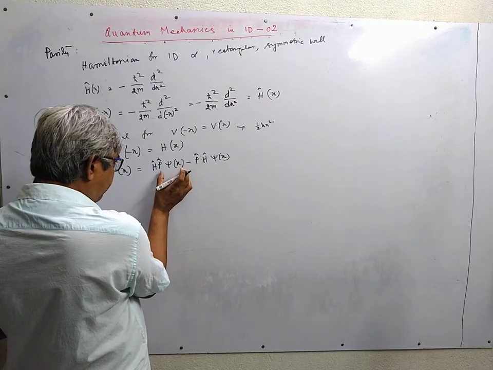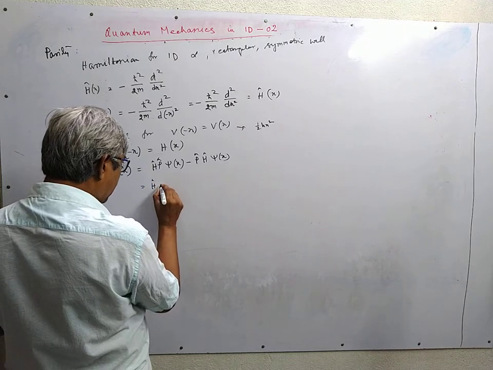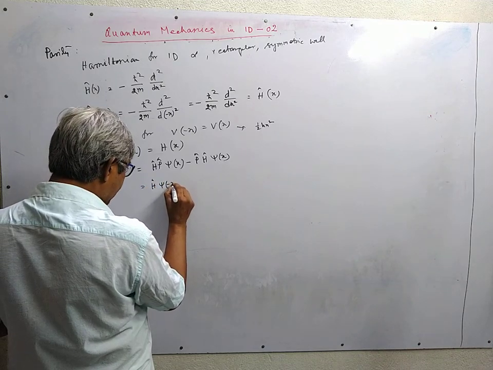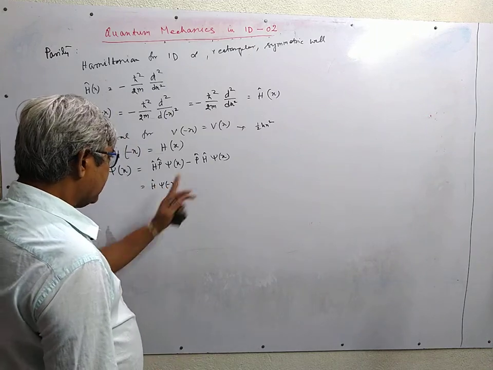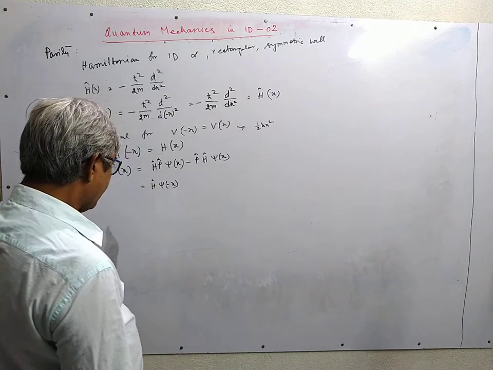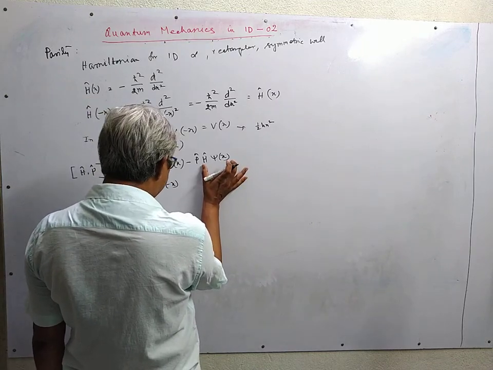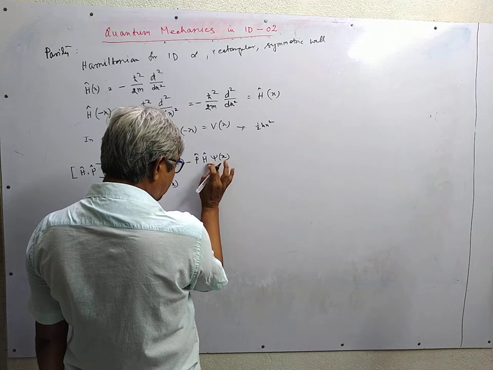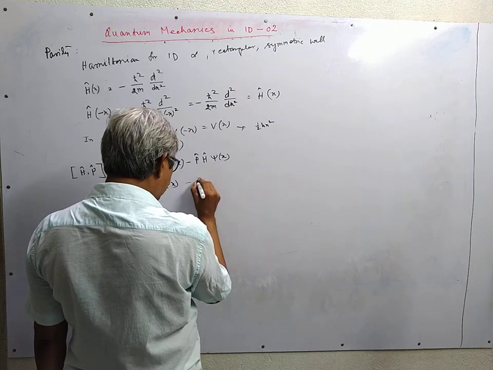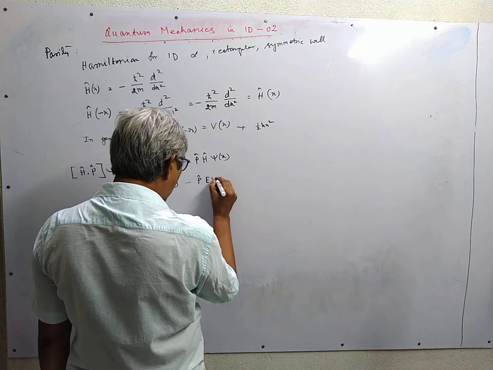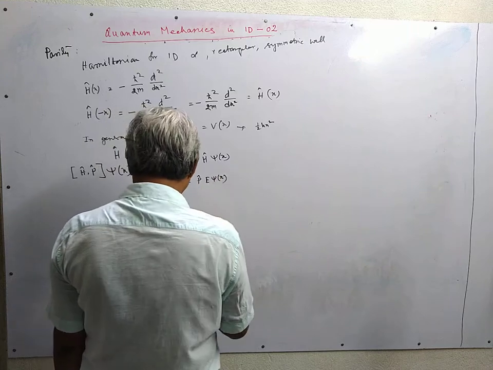Now, when P operates, this gives you H operator psi of minus x. And this part, when H operates on psi, gives you E psi. So this is minus P operator E psi, and then it is being operated by this.